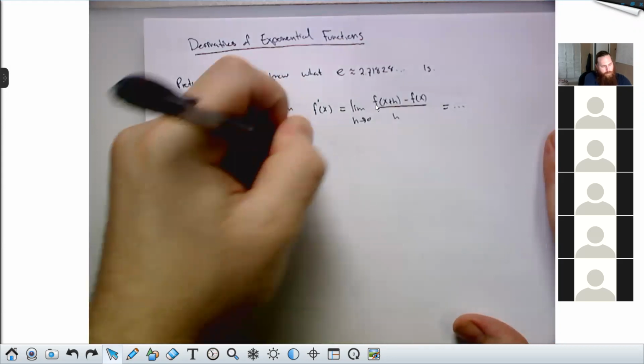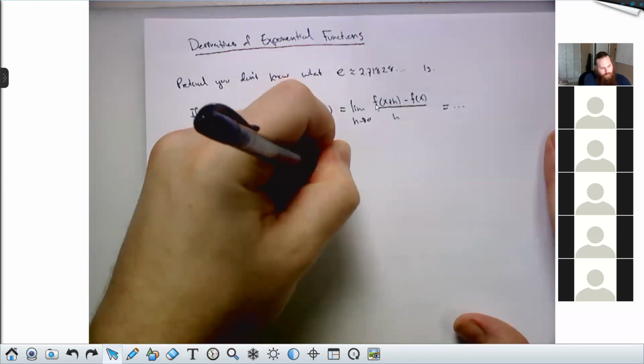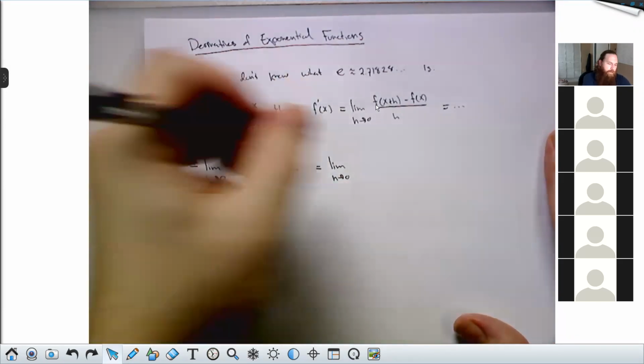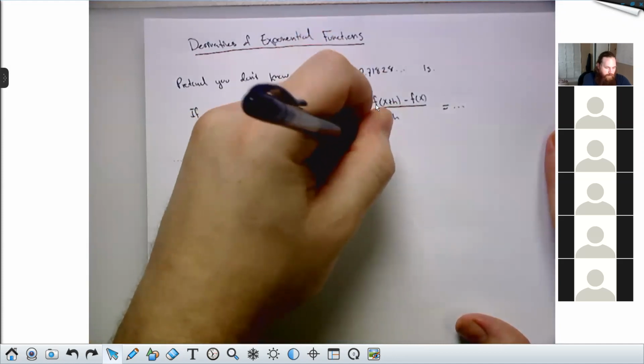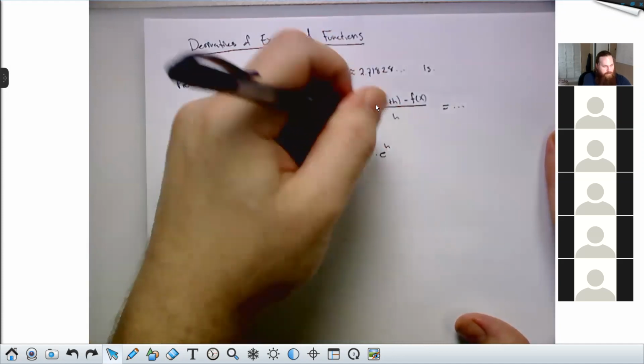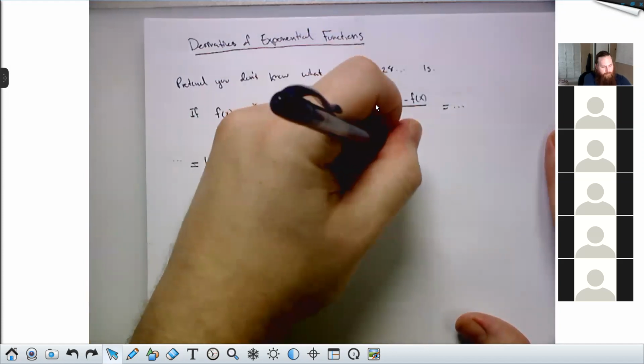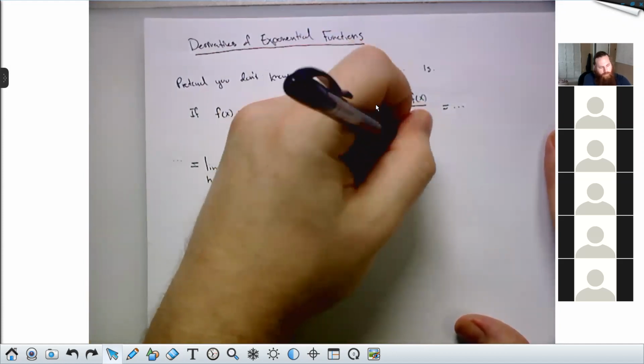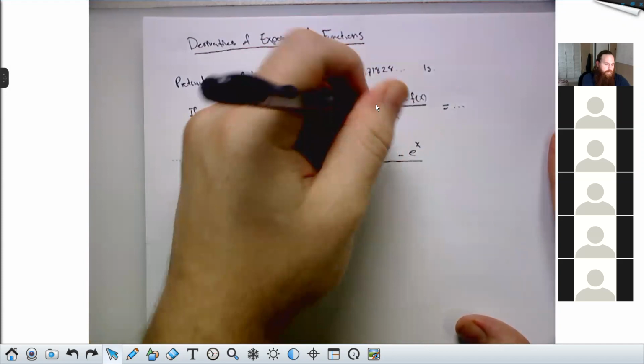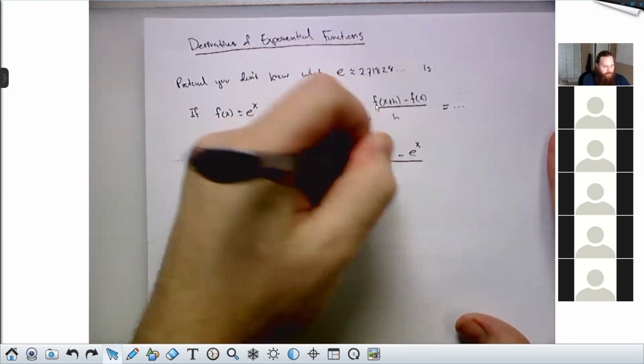And if you remember your rules for exponents, e to the x plus h is e to the x times e to the h. So my numerator here is e to the x times e to the h minus e to the x, all over h.